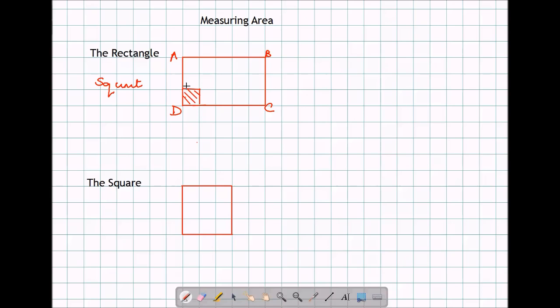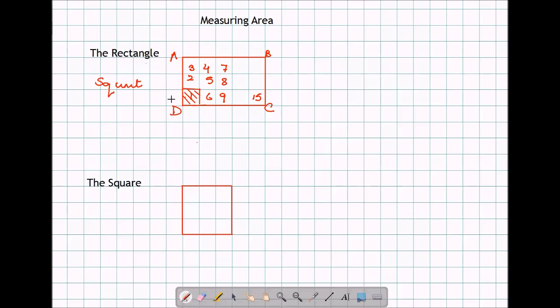To find the area of this rectangle, let's count how many of these small standard square units fit in this rectangle. So it's 1, 2, 3, 4, 5, 6, 7, 8, 9, 10, 11, 12, 13, 14, 15. Oh yeah, we reached it.